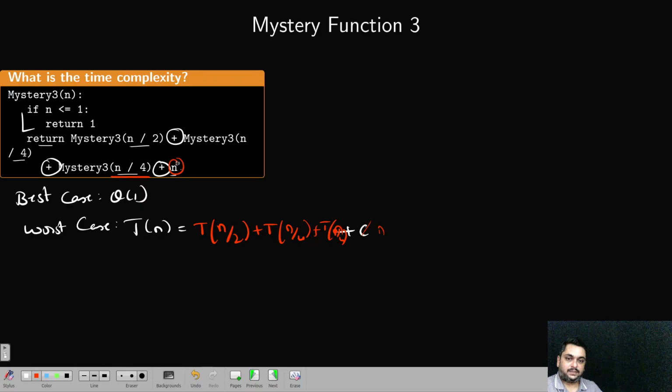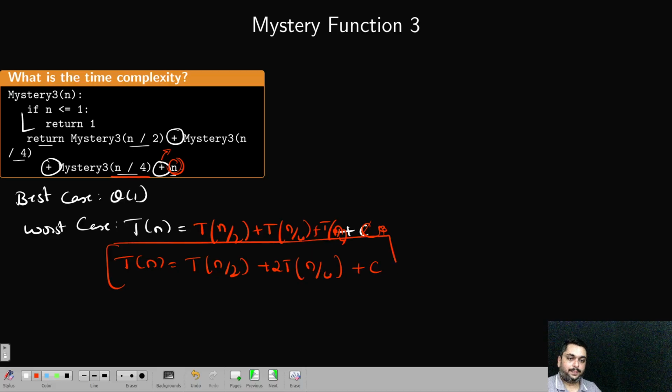Plus n is the value I am adding. Addition is the operation. C only is the correct answer. So I can write T of n equal to T of n by 2 plus 2T of n by 4 plus c. This is the recurrence relation. Now solve using the recursion tree method again, and then we'll get T of n is equal to theta of n.